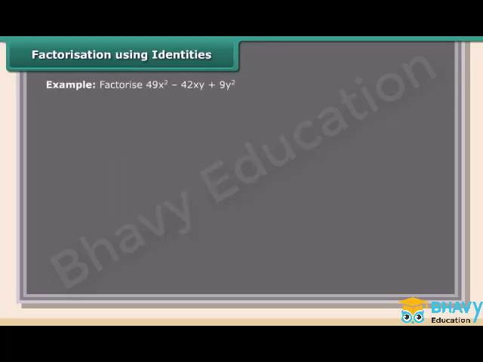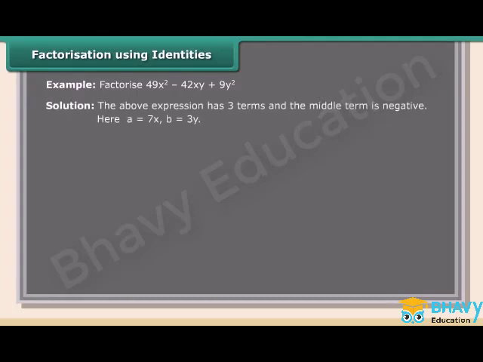Example: factorize 49x square minus 42xy plus 9y square. Solution: the above expression has 3 terms and the middle term is negative. Here a is equal to 7x, b is equal to 3y.